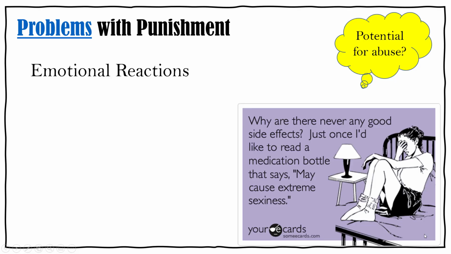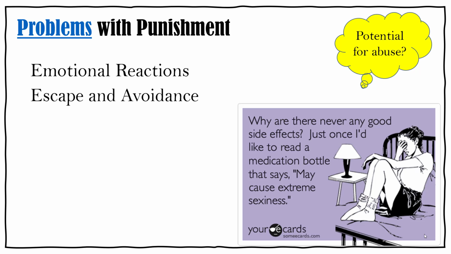The problems with them, though, there are a lot of side effects, similar to extinction. A lot of times you get emotional reactions. So when you implement punishment, you might get some aggression as well. Or you might get some escape and avoidance. So if you have a teacher that is always implementing punishment, then a lot of times kids will try to escape or avoid that teacher, especially if the reason for the punishment isn't clear.